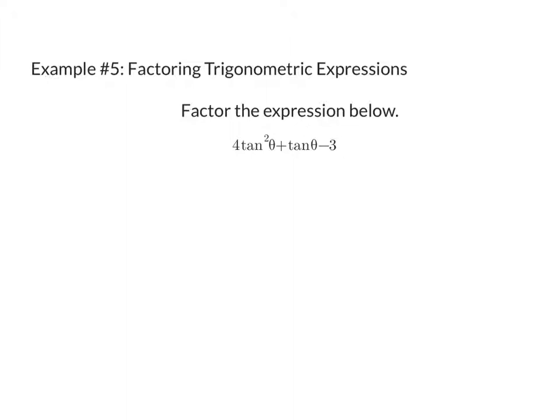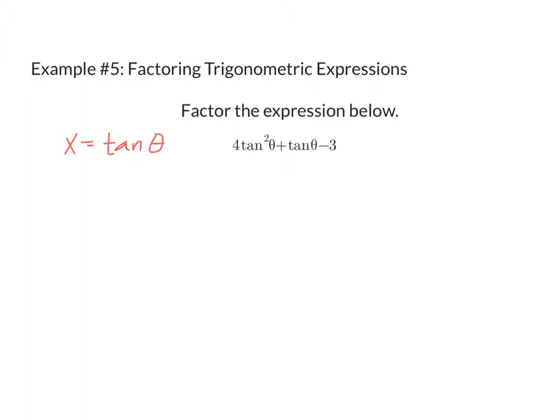So what you see below is 4 tangent squared theta plus tangent theta minus 3. I need you to recognize that we can actually use a substitution method that we use with regular quadratics, because essentially this is a quadratic expression. So in other words, x will be the same thing as tangent theta.